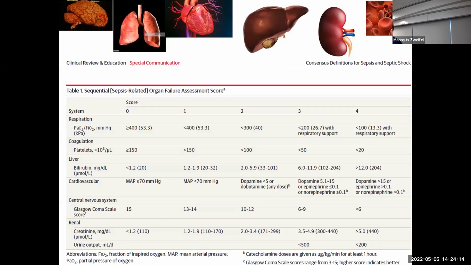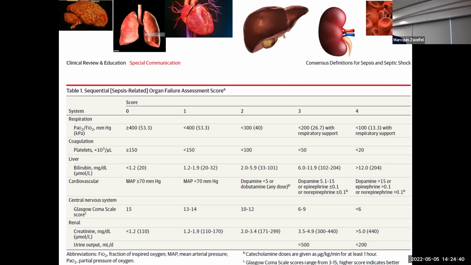So this is the full SOFA. 6 organs. For the brain, they look at Glasgow score. And they give them score from 0 to 4. So 1 organ can qualify for the 2 points that you look for in the SOFA. So for the lung, they look at PF ratio. As I told you, PE was PF ratio 100. So less than 100, he would get 2 points.